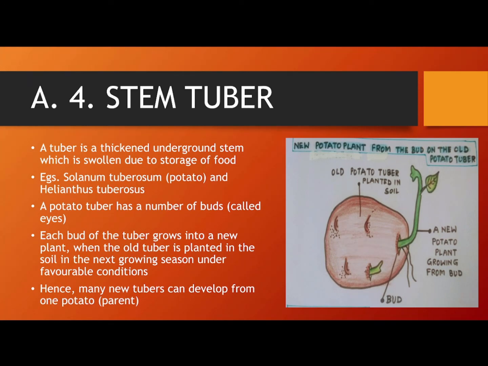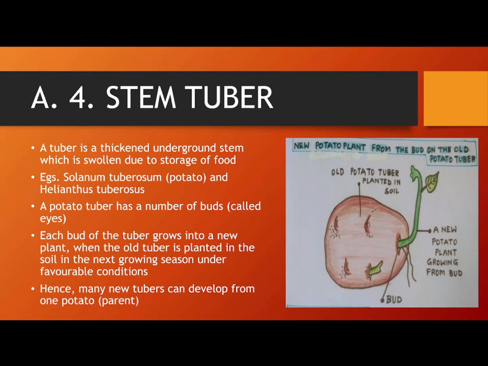Now in the picture you are able to see a large potato being drawn, and from that potato arises a new baby plant. This potato tuber has got a number of buds. These buds are also called eyes of the potato.